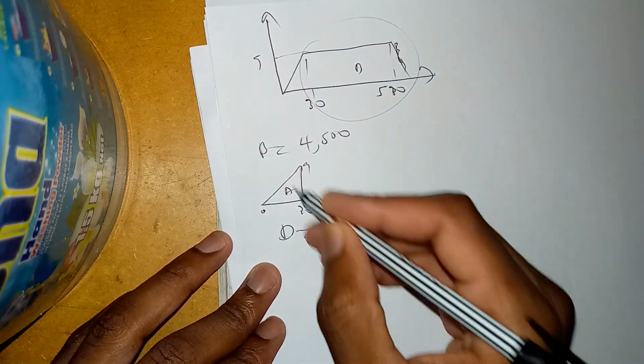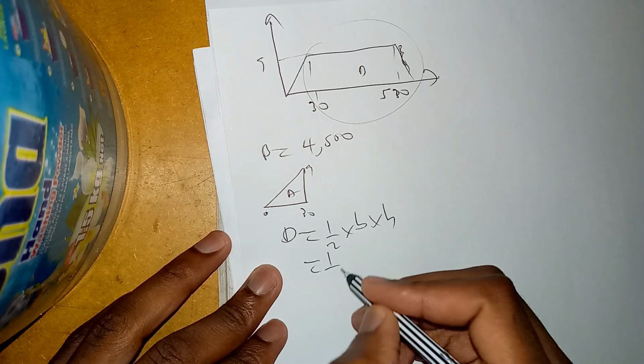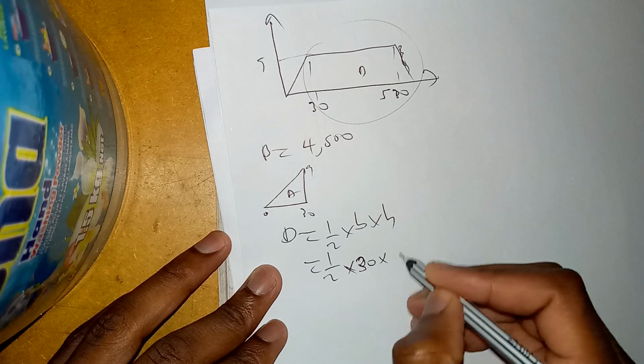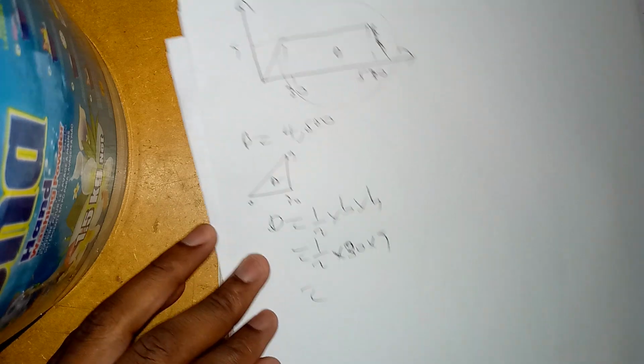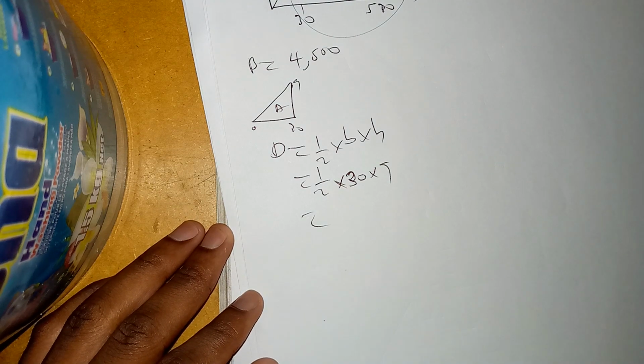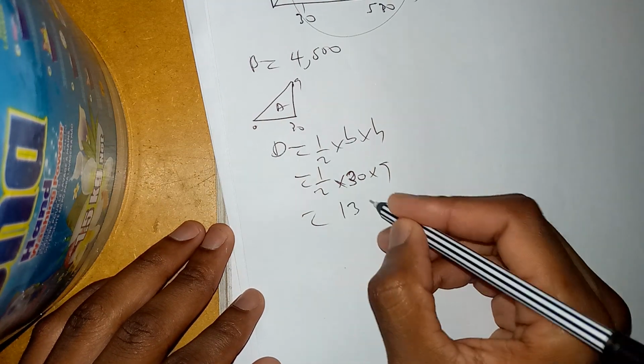So distance is half, for a triangle, base times height. What is the base? The base is going to be the 30. The height is 9. So our answer is going to be half of 30 times 9. That is, I believe, 270. Yes, it's 270 divided by 2, that is 135.